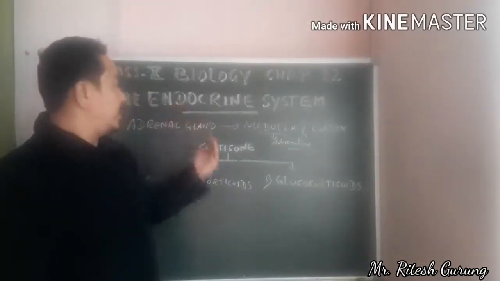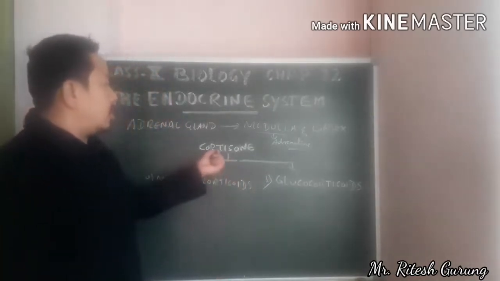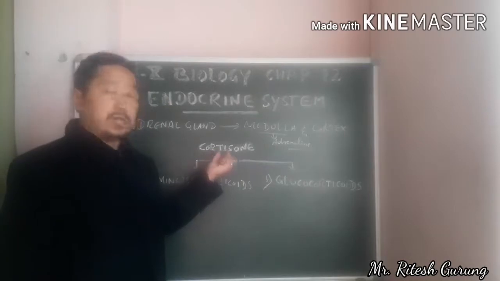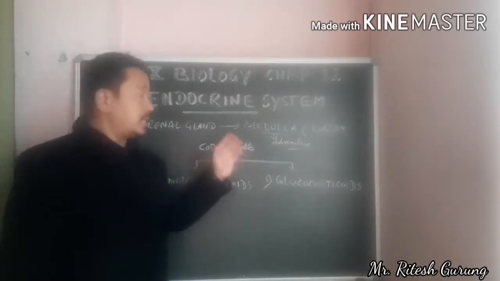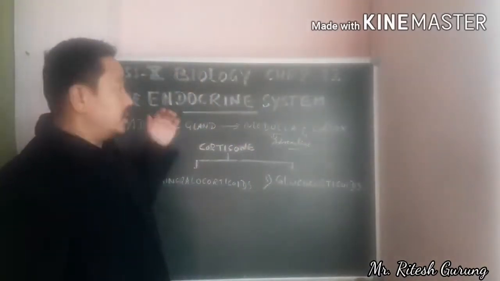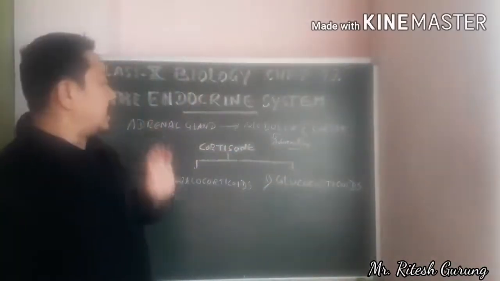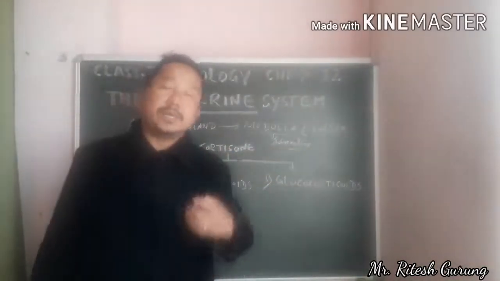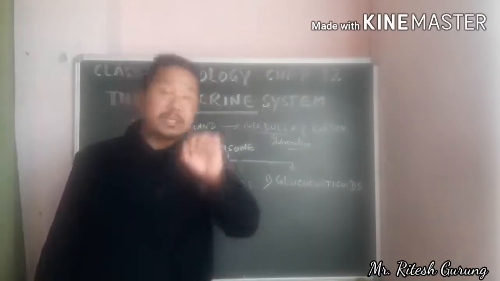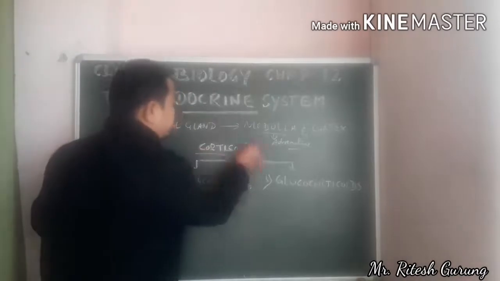Whereas the other one, which I've already written out here, called cortisol or cortical hormone, is secreted from the cortex region of this adrenal gland. The cortex secretes a number of hormones, but the best known hormone is cortisol.